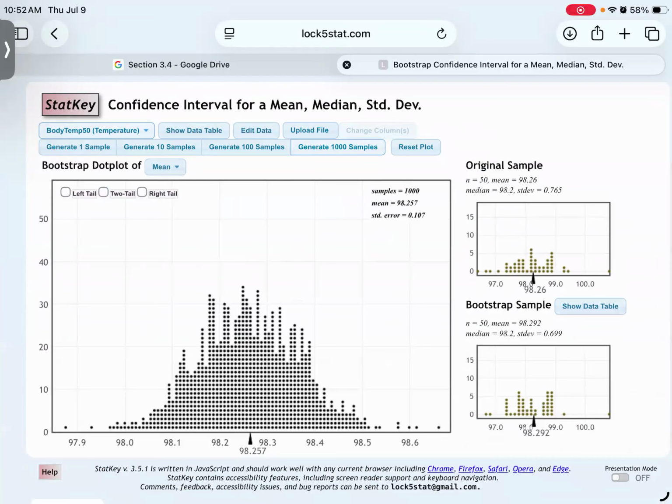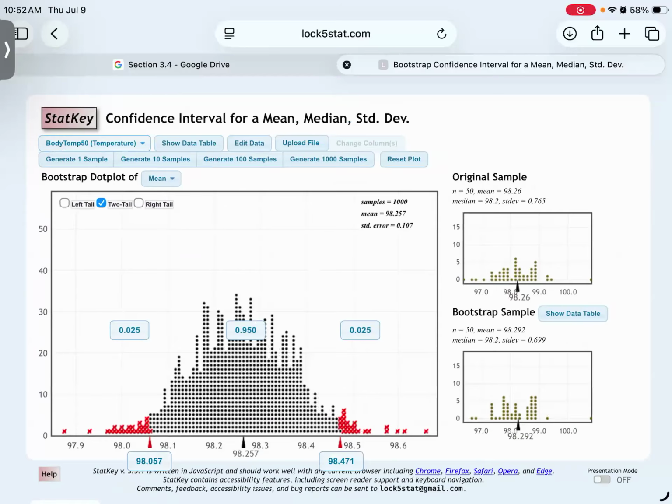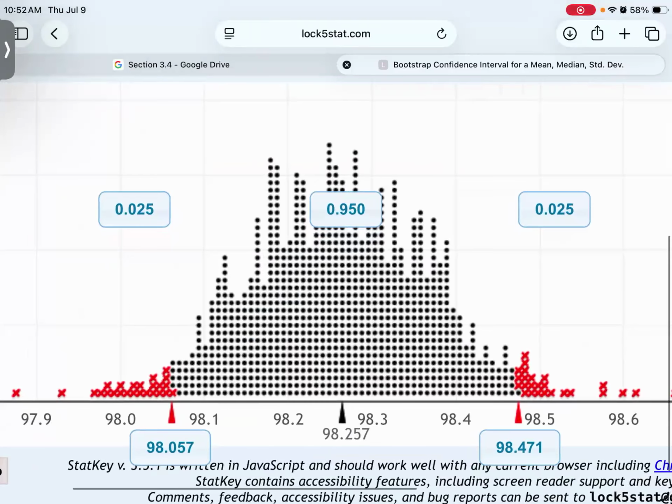There it is, roughly symmetric, bell shaped. We've got the three options for clicking your tail: the lower tail, the right tail, like the low value, the high value for the plausible range. So go ahead and click on the two tail. When you do this, StatKey doesn't do the formula thing we do, the plus or minus two standard errors. It literally counts the middle 95% of your dots.